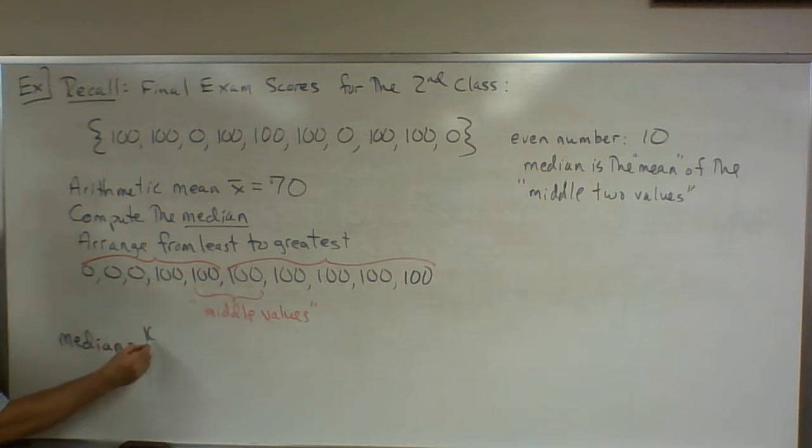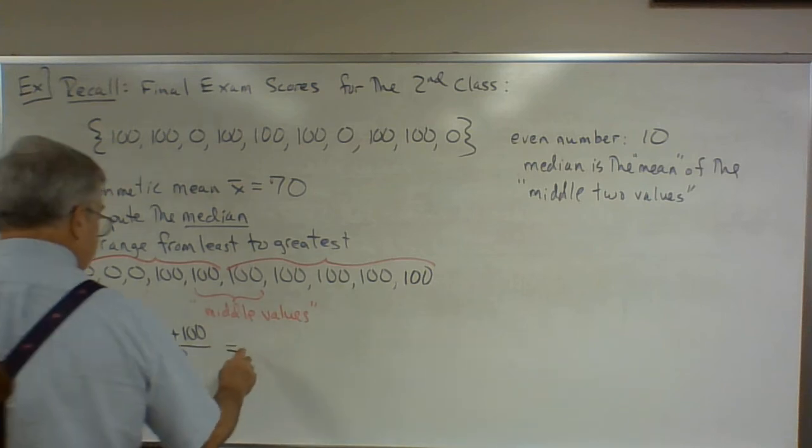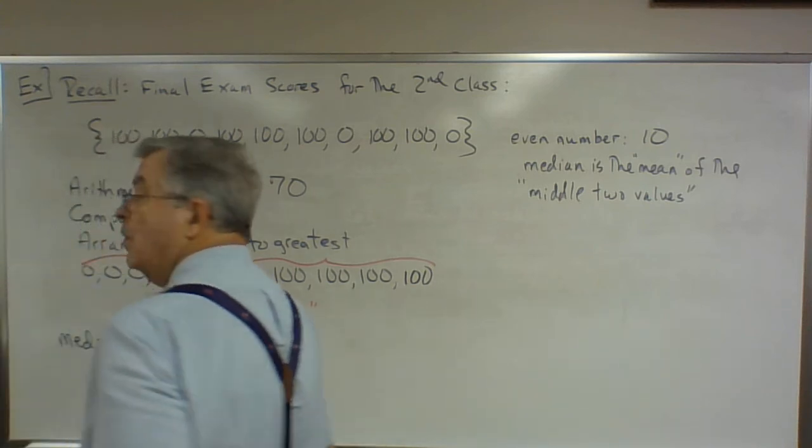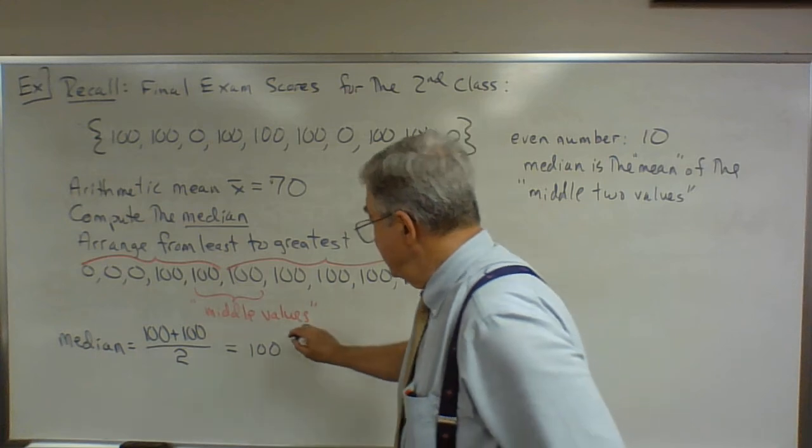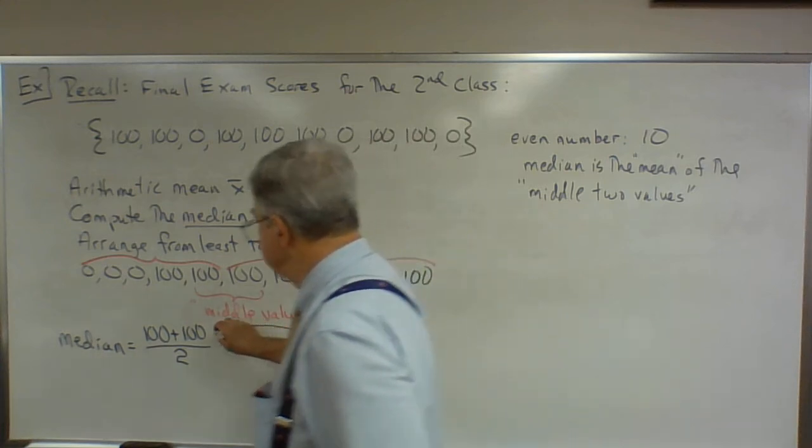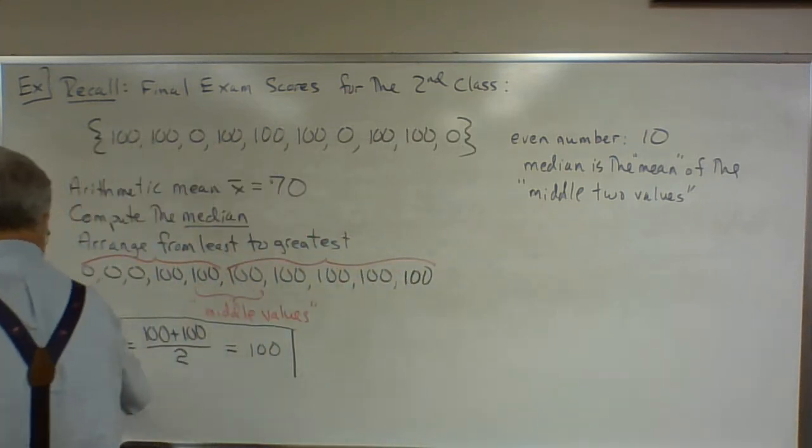In other words, we add them together, and then we divide by 2, and that's going to give us 100. The median gives us 100.